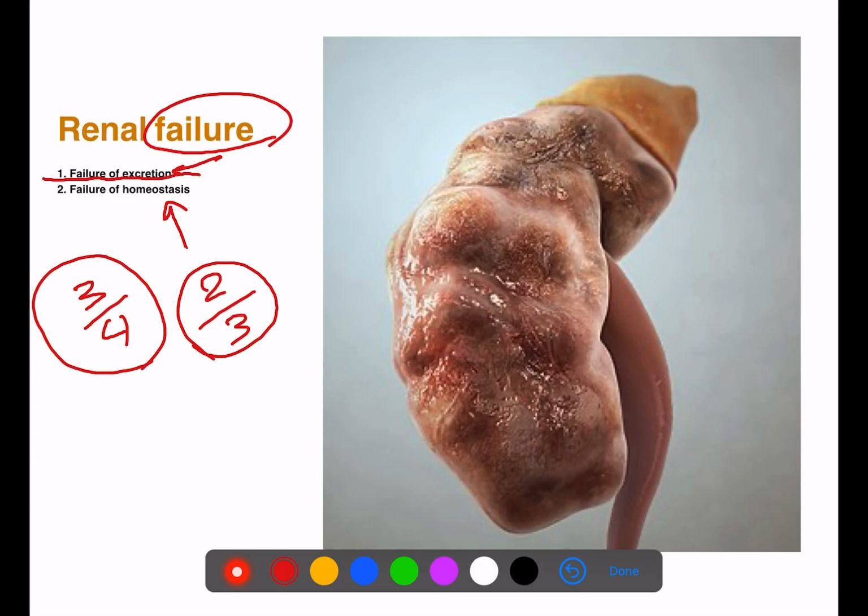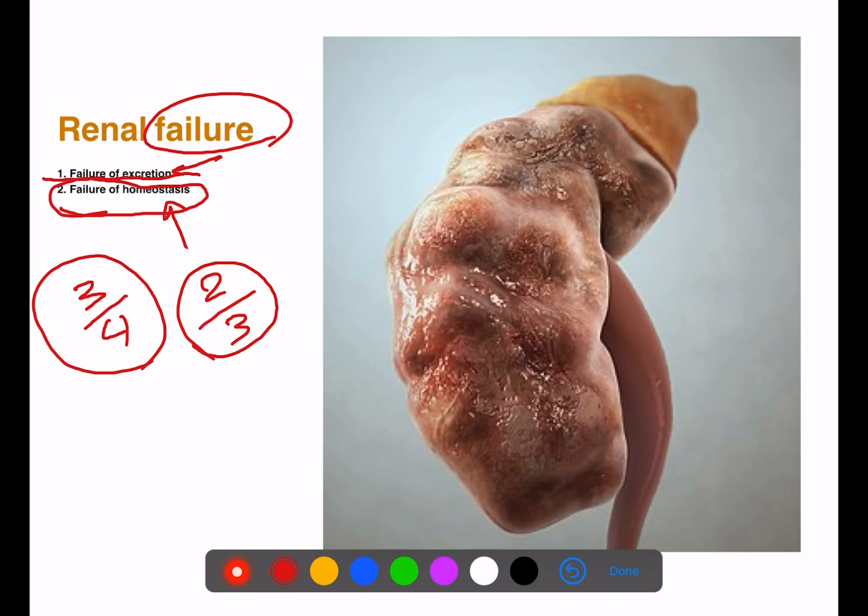We also have a clinical term called uremia, which is a clinical syndrome. It means failure in both the excretion and the homeostasis. The second type is failure of homeostasis, which occurs within the tubule.